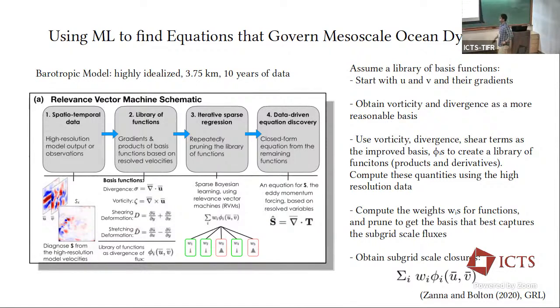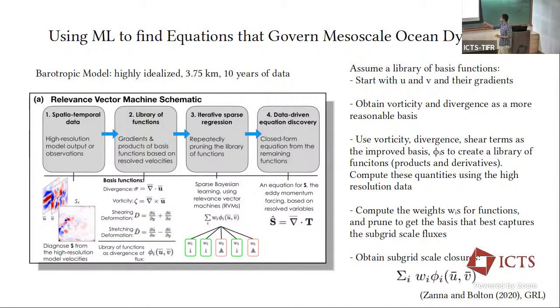The second step is to generate a library of functions. You start with your basic variables like horizontal winds, U, V, and then create a library. These limited variables will form a basis of the whole functional space that you're exploring.